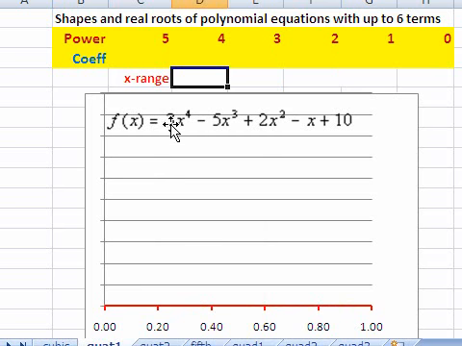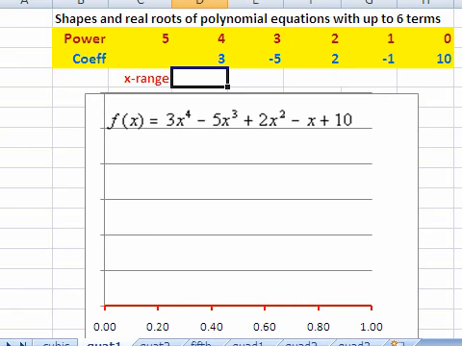Now let's look at a different equation. Here we have a fourth order equation where the fourth order coefficient is 3, third order -5, second order 2, first order -1, 0th order 10. And we give it a range, start with -5 to +5, I always do.